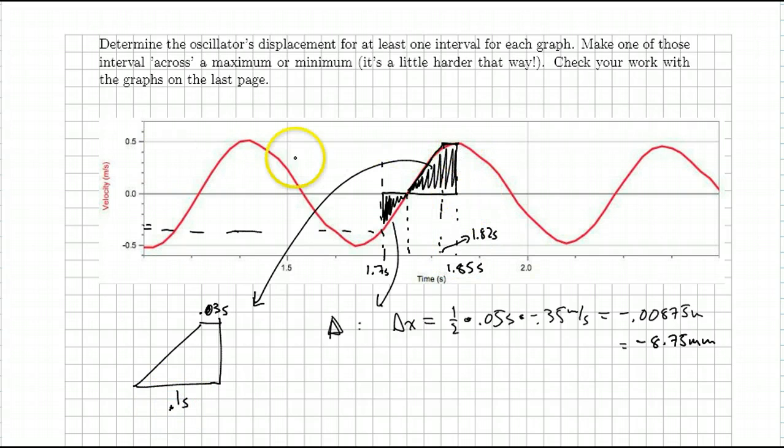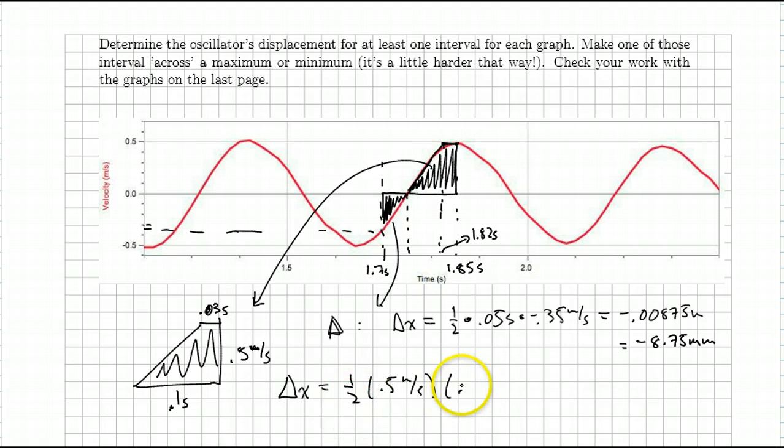And the max V appears right at about 0.5 meters per second. So that's the area I want. And I need half times my height here times the sum of the bases, the half gives you the average.